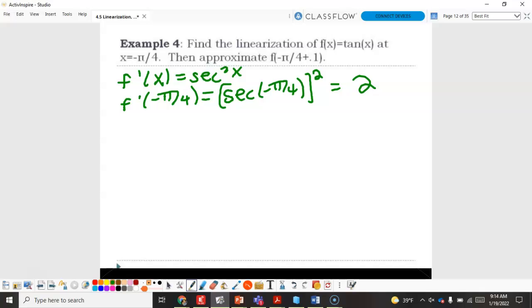Okay, and at the very beginning we need to know what f of negative pi fourths is. I need to know what the tangent of negative pi fourths is. Now it does matter because you're in quadrant 4, so it would be negative 1.